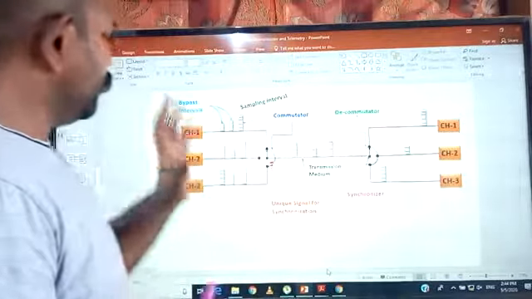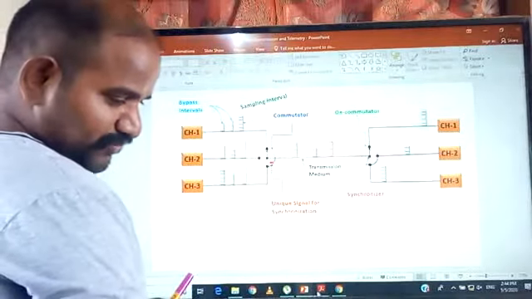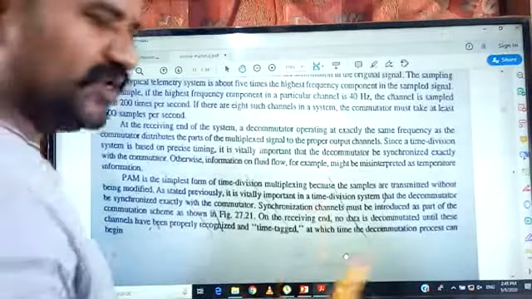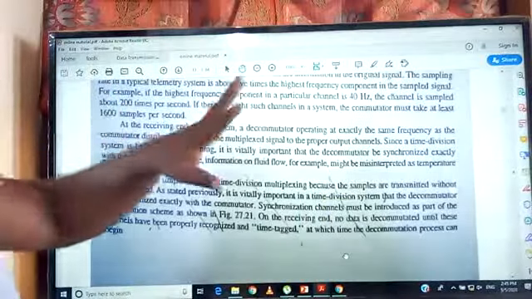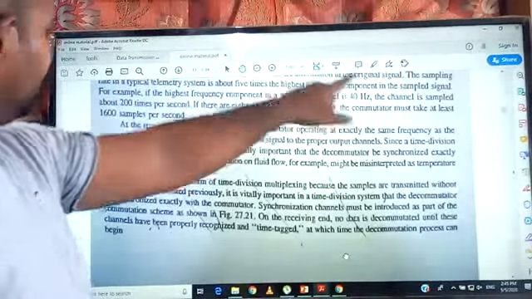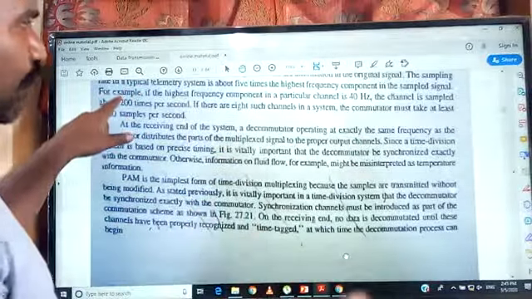Here, if you go into the textbook which we have seen, as we don't have the board, it is very difficult, so based on that information, if we have one channel with 40 Hertz frequency, then 200 samples are done by the commutator.